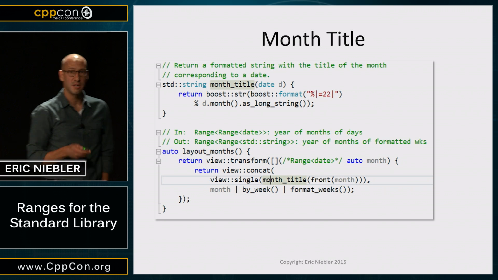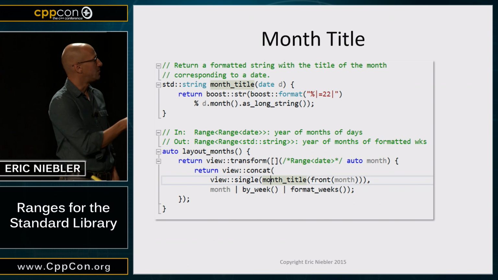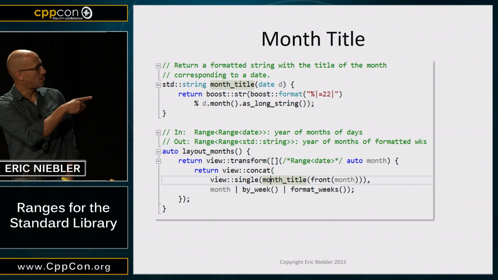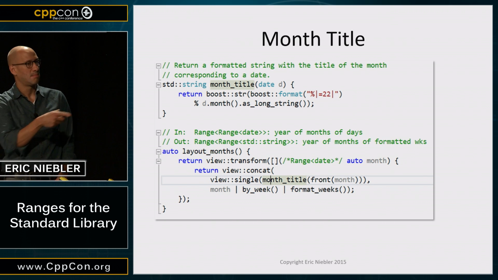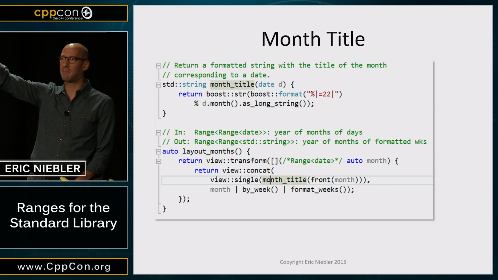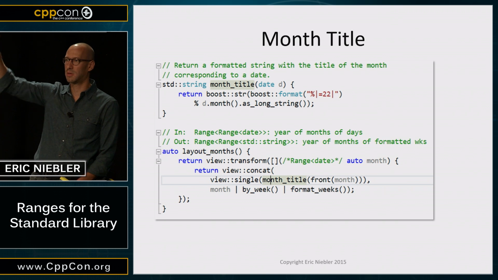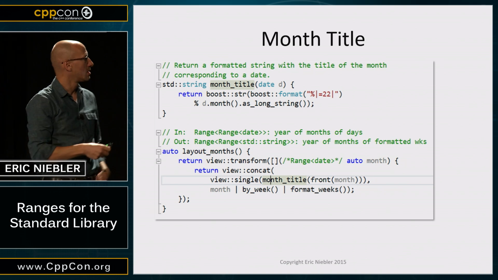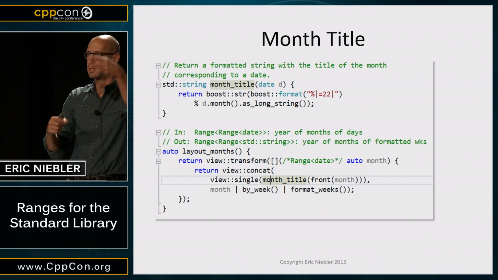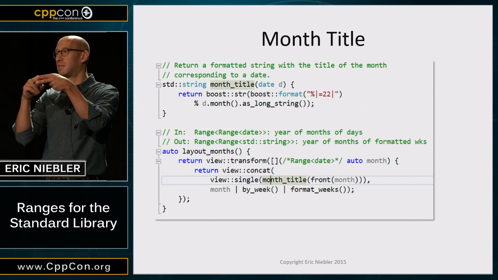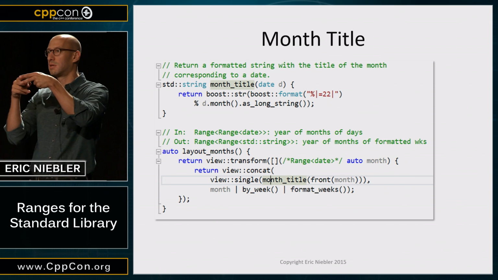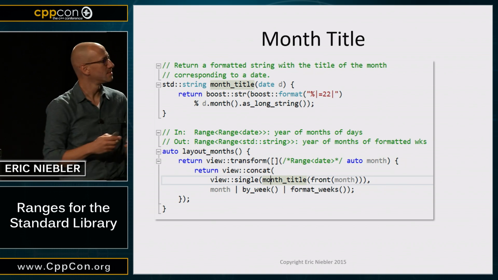And now here's view concat. I use view concat in the transformation. Before we just had month by week format weeks, but now we want to stick an extra row at the top which represents the month title. So I could use view concat with a single element. It concatenates two ranges. I have the month title, I need to turn it into a range of one element containing the month title, so I can concatenate it with the next range.